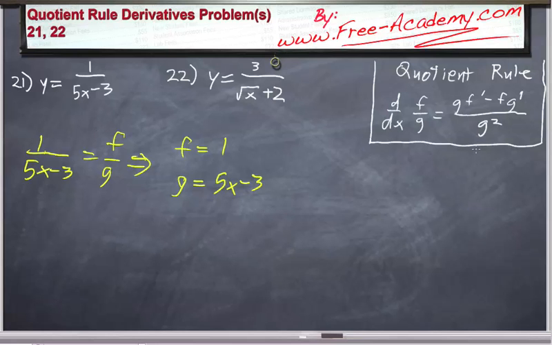However, one thing that isn't very nice is the formula is a little bit harder to remember. I like to use low d high minus high d low over low squared, and I covered what that means in my lecture. That's saying that g is equal to low, f is equal to high, and d stands for the derivative.